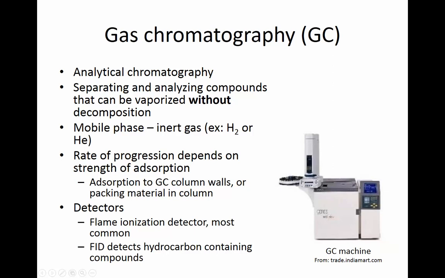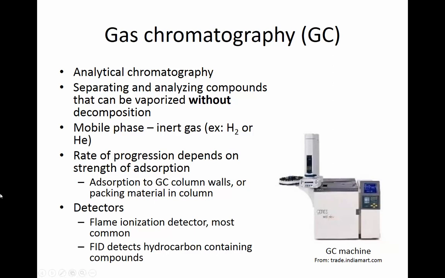So first let's talk a little bit about gas chromatography. This is analytical chromatography, mainly because it's going to destroy your compounds. And separating and analyzing compounds that can be vaporized without decomposition is the goal of gas chromatography here. So we can vaporize them and see what they are, and that's the main objective. The mobile phase is typically some kind of relatively inert gas.